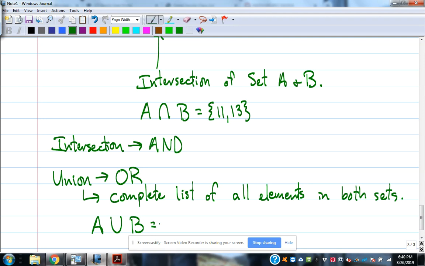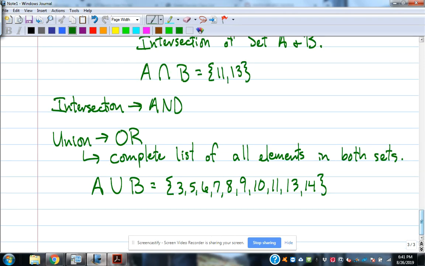It's everybody that's in the Venn diagram all together, that's in both sets. We only list the number once if it's in there. So we get 3, 5, 6, 7, 8, 9, 10, 11, 13, and 14. That's the union of set A and B from our example.